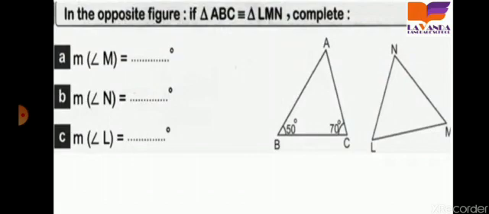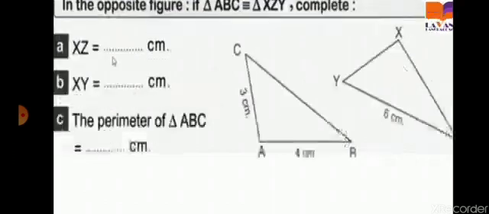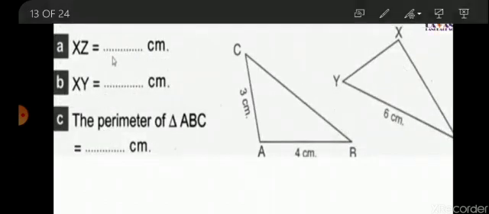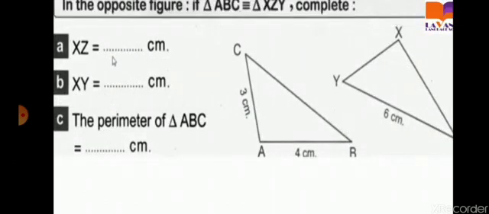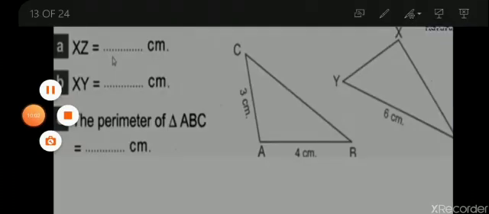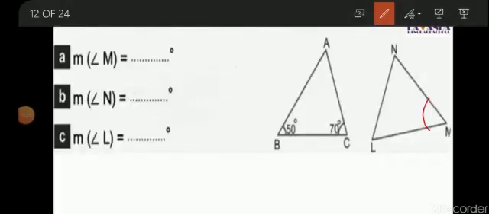Equal degree, measuring of angle M. Measuring of angle M equal to the measuring of angle C. Measuring of angle C is 70.